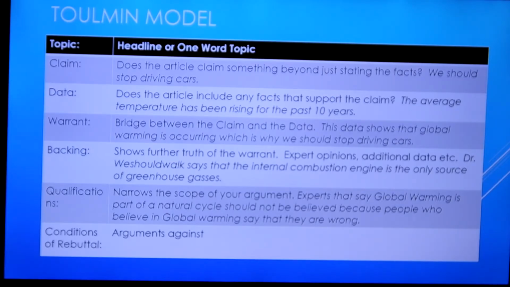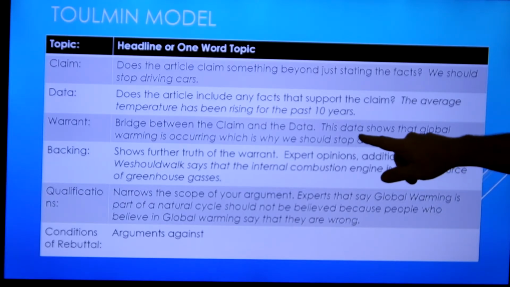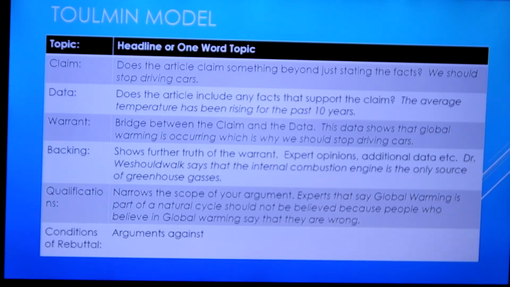And that's what the warrant is for. The warrant bridges the claim and the data. In a speech, you would say something like, this data shows that global warming is occurring, which is why we should stop driving cars. Now, granted, it doesn't tie it together very well. This is a really bad example on purpose.